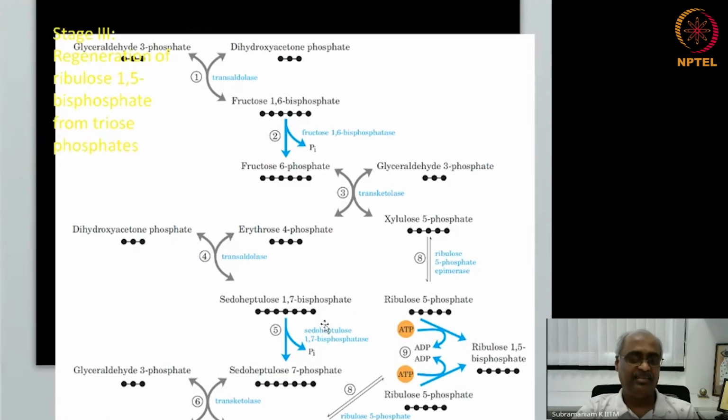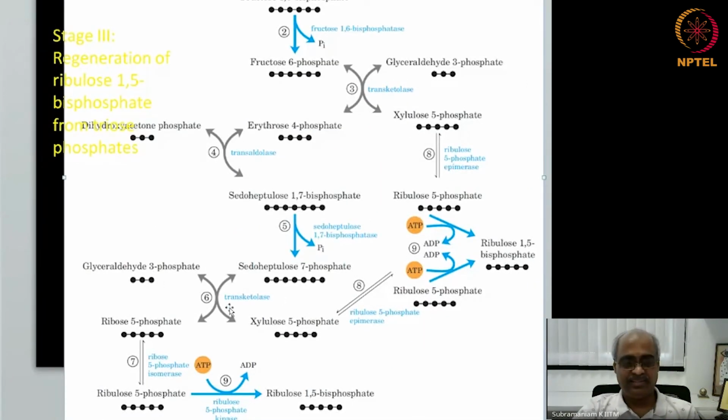And this enzyme, sedoheptulose 1,7-bisphosphatase, is unique to chloroplasts, and this is again an exergonic irreversible reaction making sedoheptulose 7-phosphate.